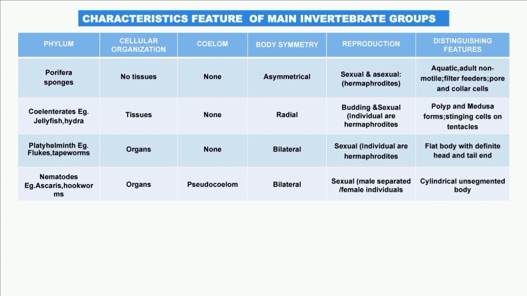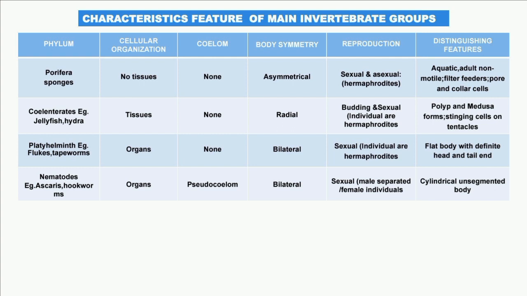Reproduction is sexual, with separate male and female individuals. Distinguishable features: they have a cylindrical, unsegmented body.